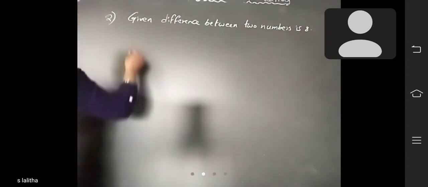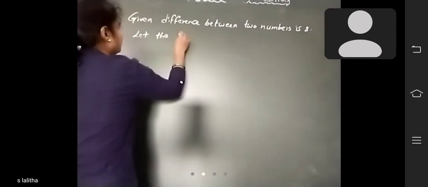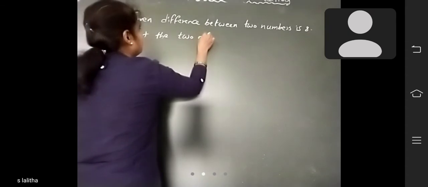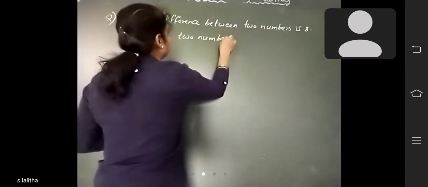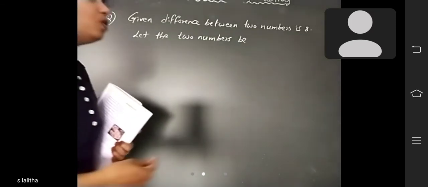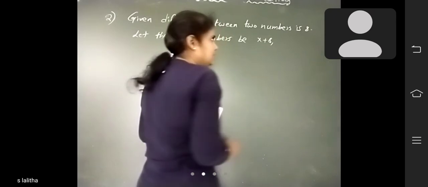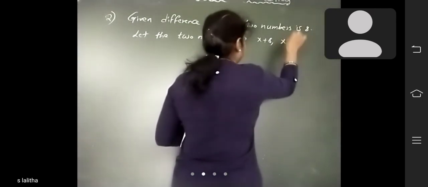Difference between two numbers is 8. So let the two numbers be, what are those two numbers? Bigger number is x plus 8 and smaller number is x.